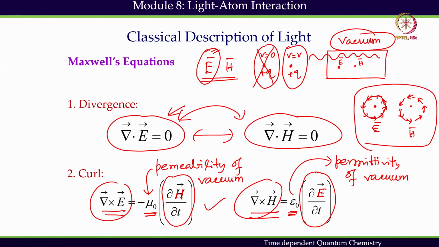As potential terms, instead of this kind of field terms, directly enter the time dependent Schrodinger equation. Remember, finally we have to solve the time dependent Schrodinger equation. In order to explore this light atom interaction, we have to solve this time dependent Schrodinger equation, which has the Hamiltonian, and this Hamiltonian has kinetic energy term plus potential energy term.